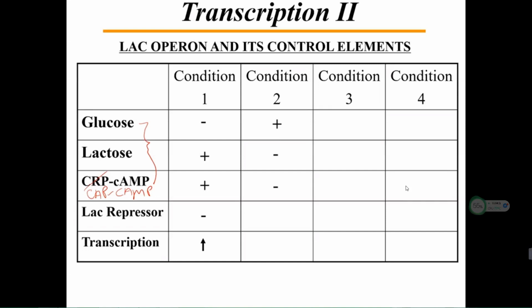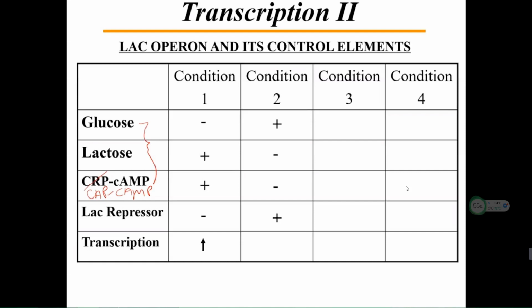We know that there's no lactose, but we have some glucose. Our lac repressor is bound because we don't have the allolactose, the ligand, to cause it to dissociate from the operator region. And since we have the lac repressor bound, obviously there's not going to be any transcription of the lac operon in this condition.